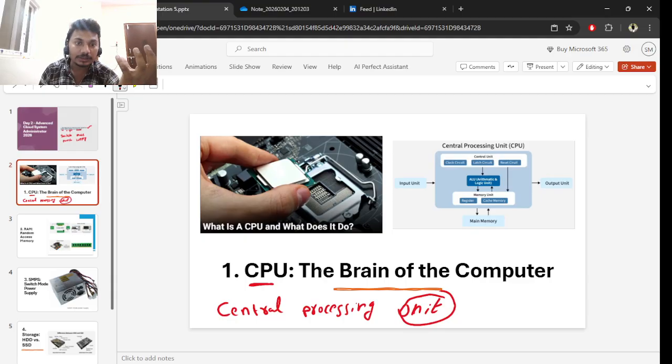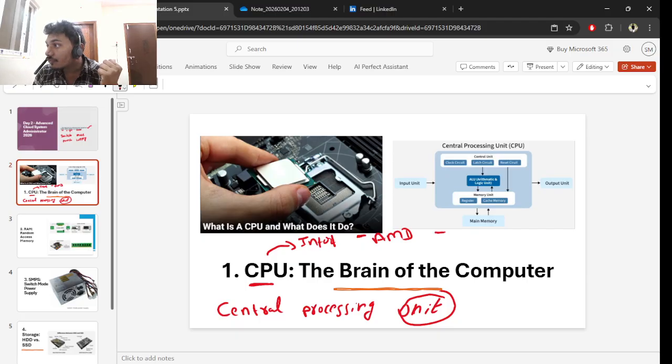In the past, companies like Intel, AMD and VIA designed these processors. Here we have the CPU design companies: Intel, AMD, and then the third one, VIA.